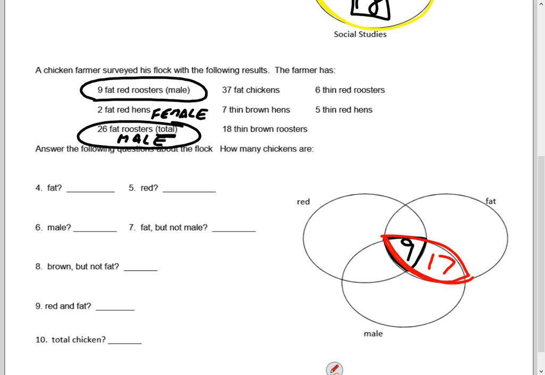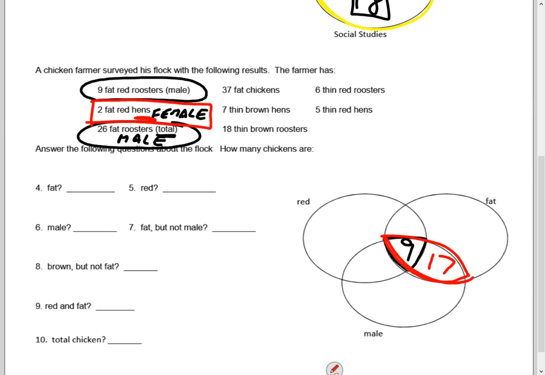Then I would jump to this right here. Fat is one of my sets, so those two have to be inside of here someplace. If they're female, then they can't be within the male set.